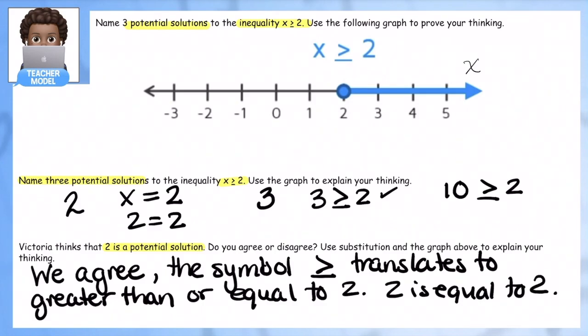So there we go. We agreed. I gave us a reason using the symbol, and 2, just rational thinking, 2 is equal to 2. So hit pause and jot this one down into your notes.